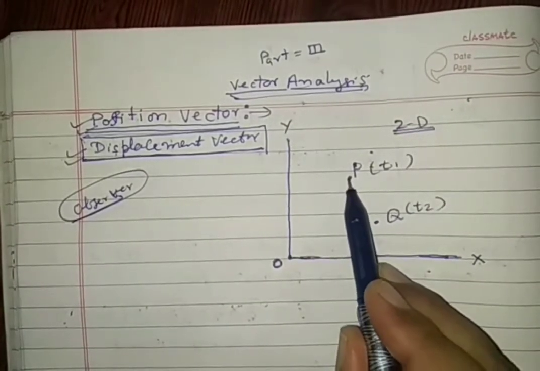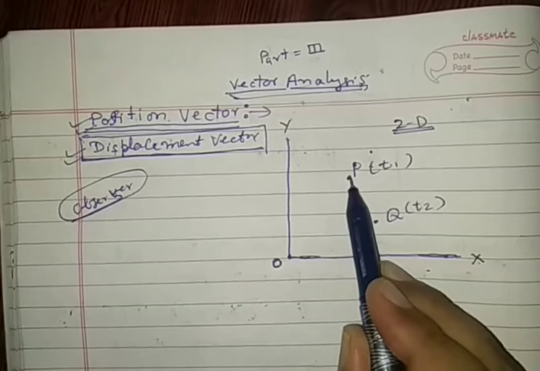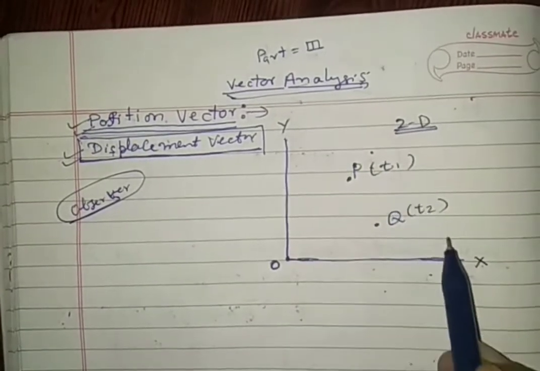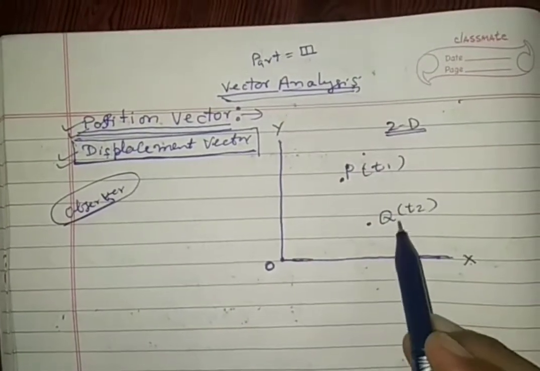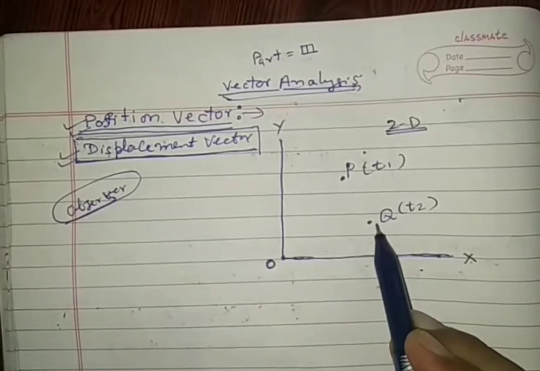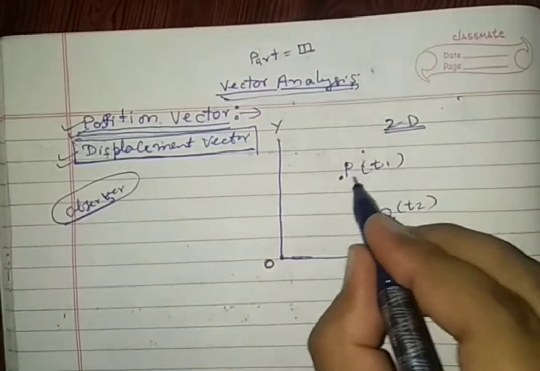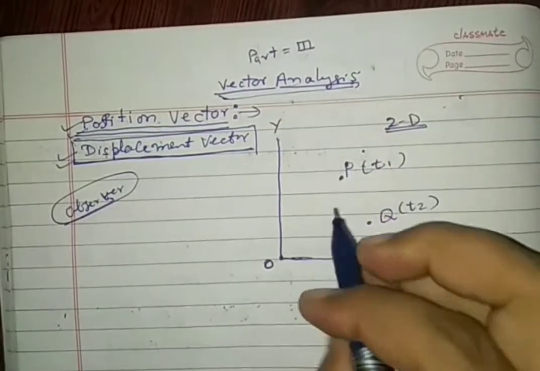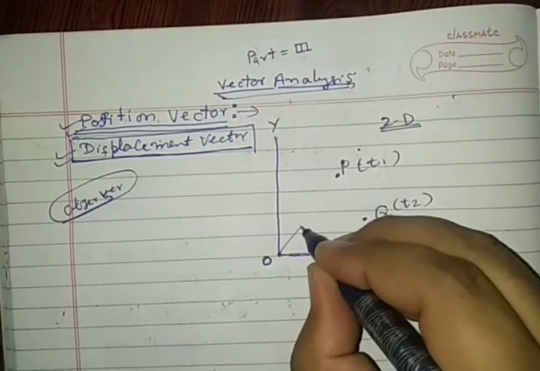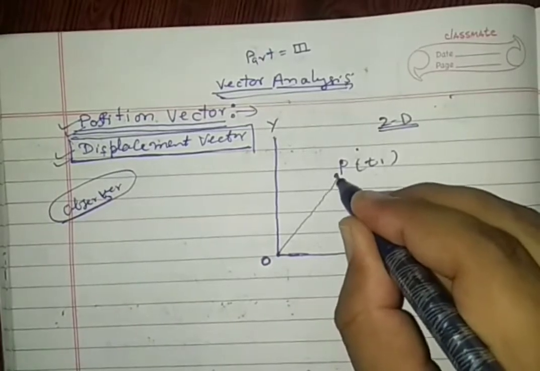This is a point P, the position of a particle at point P at time t1. After, at time t2, its position changes and it reaches a point Q. So at time t1, when the particle is at point P, join OP.